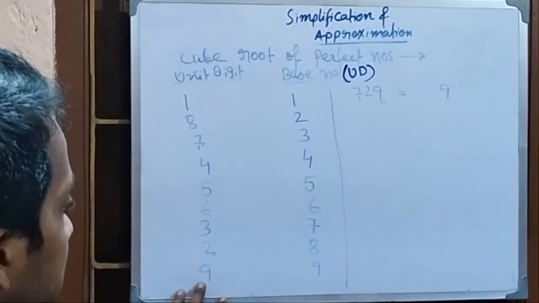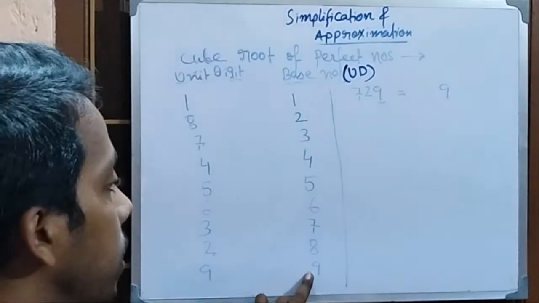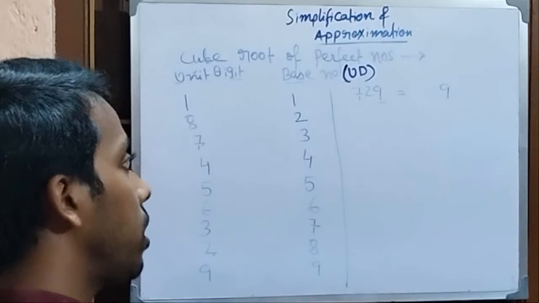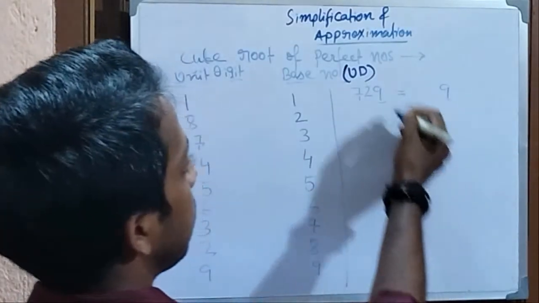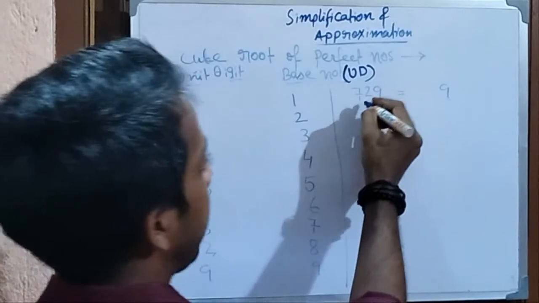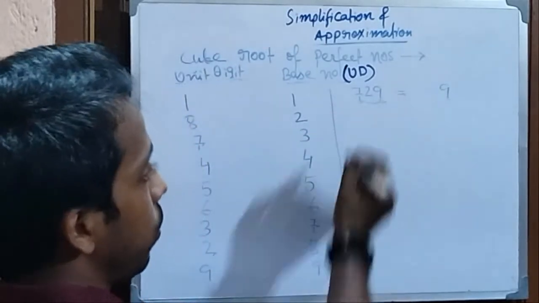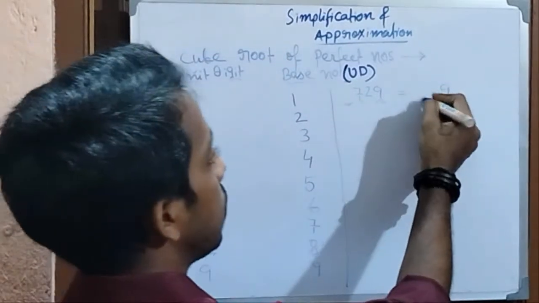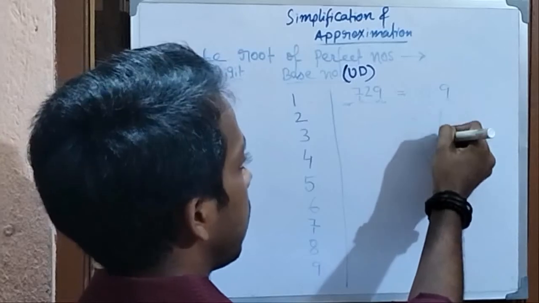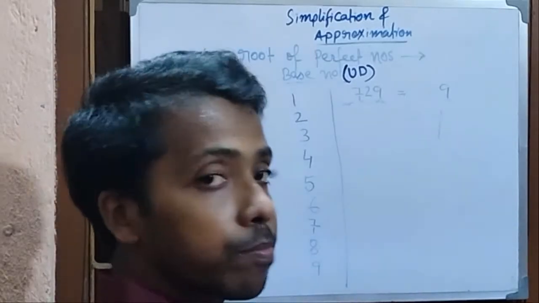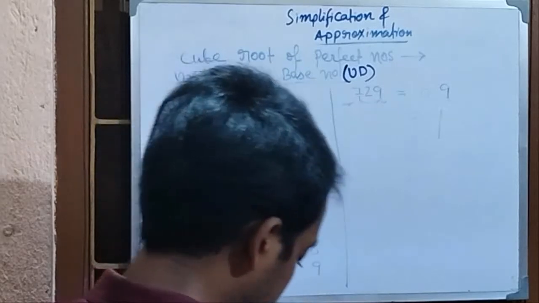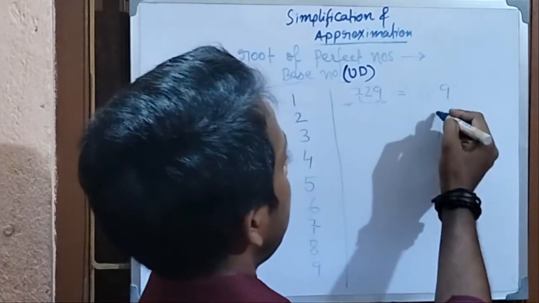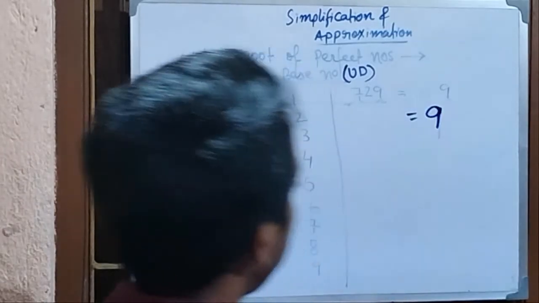Only one possible case is 9, so in the base number the unit digit is 9. Here we are finding the cube root, so we will take 3 digits at a time. If we take 3 digits at a time, there is no 4th digit place, so only 9 is the answer, nothing else.